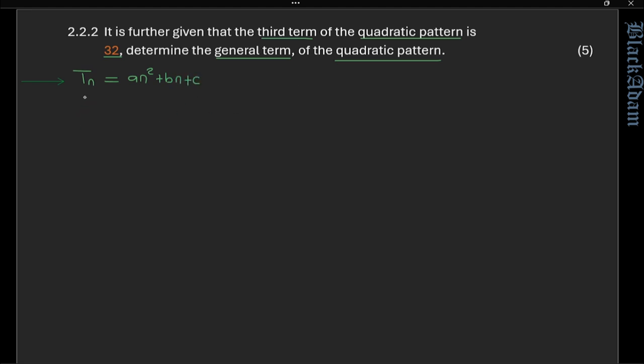And from this information we know that T3 is going to be a bracket 3 squared plus b bracket 3 plus c. So that will give us 9a plus 3b plus c.